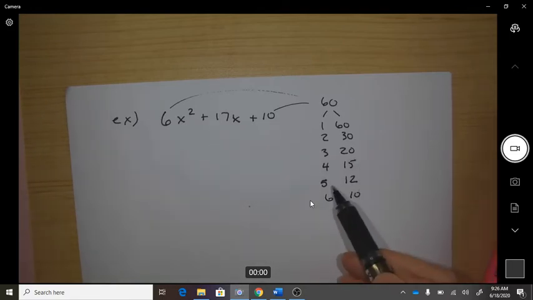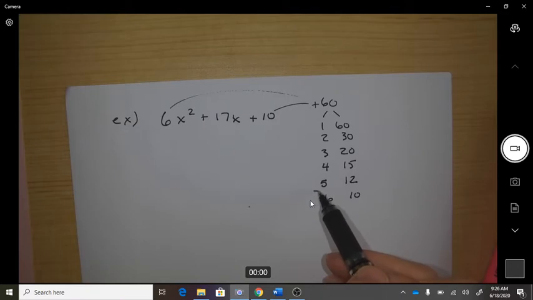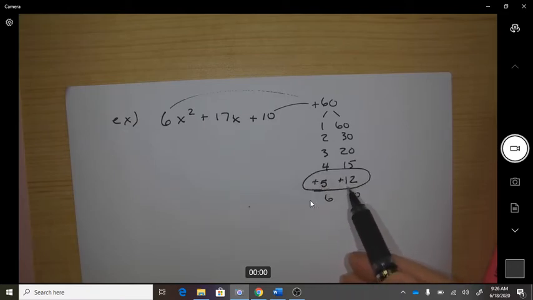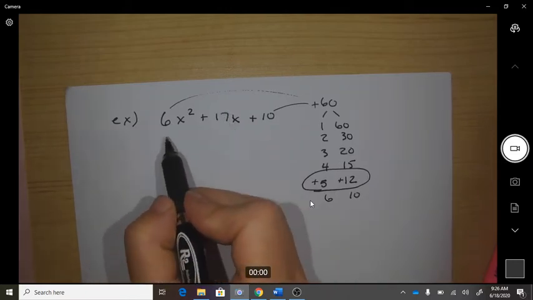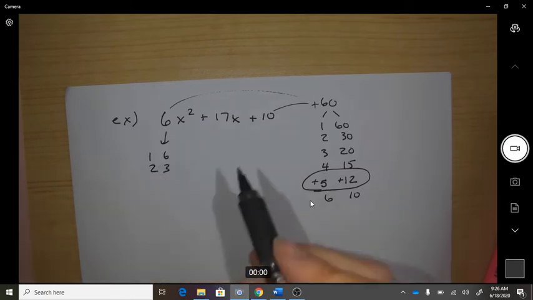Okay, so I'm going to pair 17, and this needs to be a positive. So I'm going to pair it with this one, because if they're both positive, that makes my positive 17. Okay, so underneath I'm going to go 1, 6, 2, and 3. That's how I could get a 6.